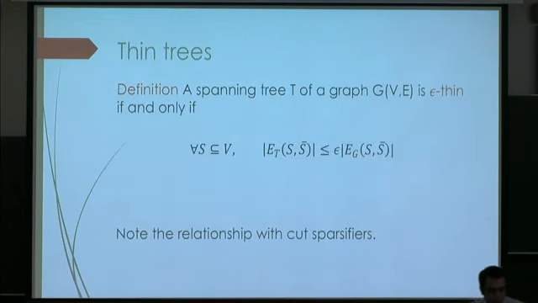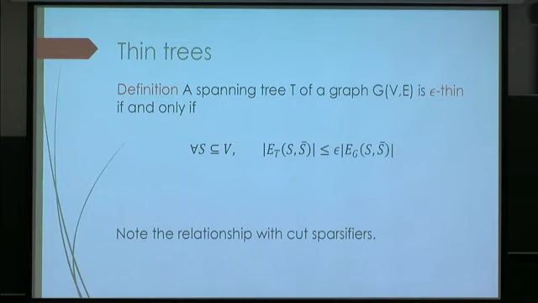So this definition of thin trees is by Louis Godin. Given a graph, we say a spanning tree is epsilon thin if and only if for every cut of the graph, the number of the edges of the tree across the cut is only an epsilon fraction of the total number of edges.